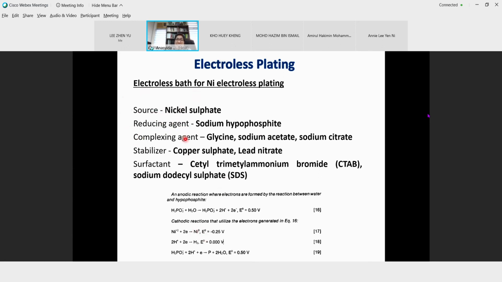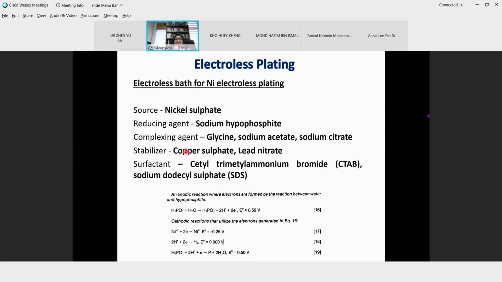So complexing agent, you can use glycine, sodium acetate, sodium nitrate. There are many types of complexing agent. So what does the complexing agent do? They will stabilize the pH. And the stabilizer, we can use copper sulfate, we can use lead nitrate, there are many.